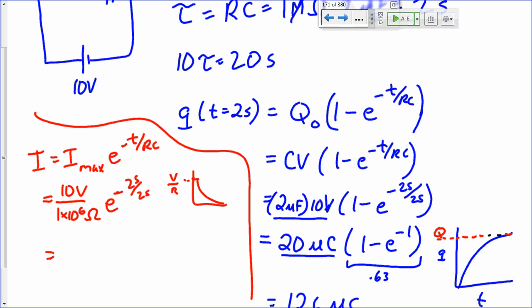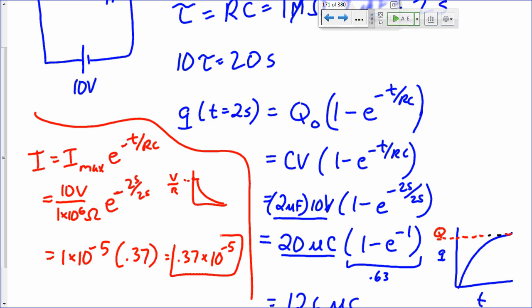And what's that? 1 times 10 to the minus 5 times e to the minus 1. That's 0.37. Or express it however you like in decimal form.